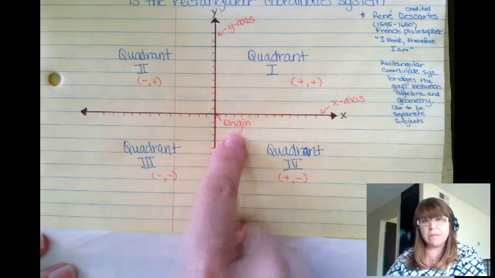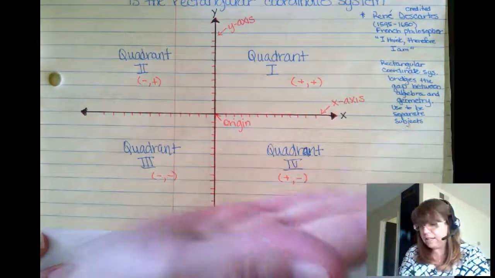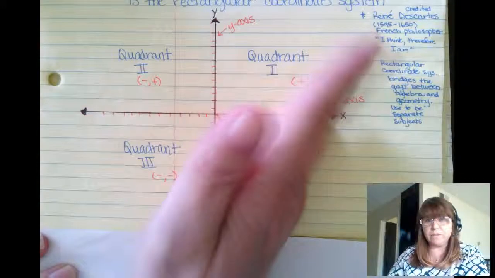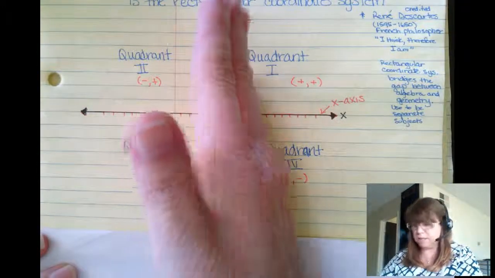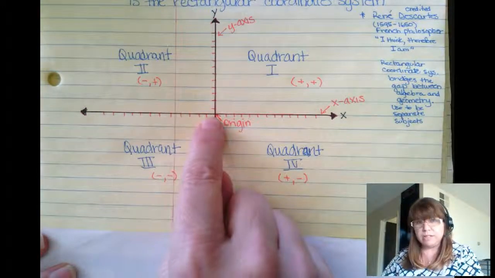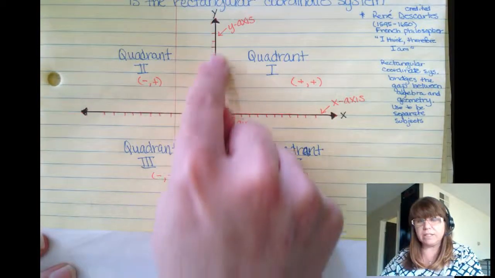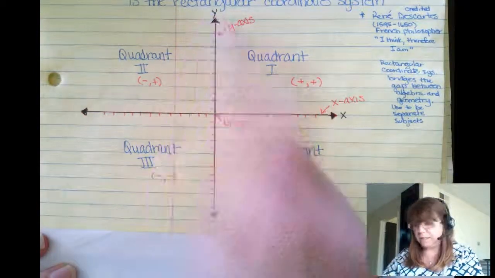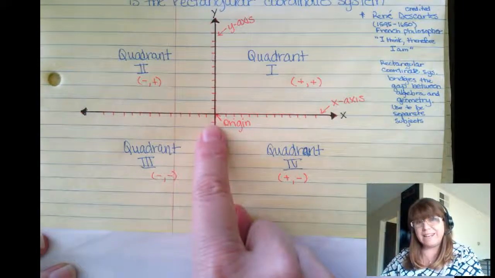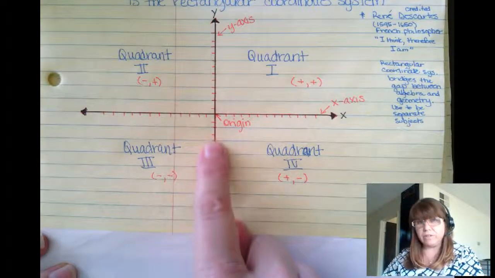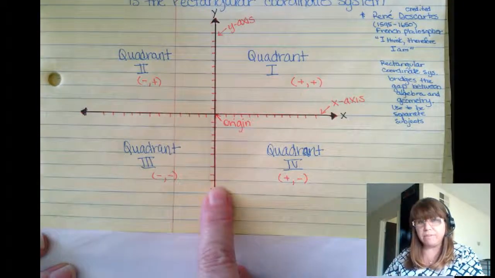Think of the same thing for a y, but instead of laying flat, we've turned it up like this. The y again will start at 0, and it goes 1, 2, 3, 4, 5, 6, 7, 8, 9, 10, all the way up positively, and then comes down negatively, -1, -2, -3, -4, -5.